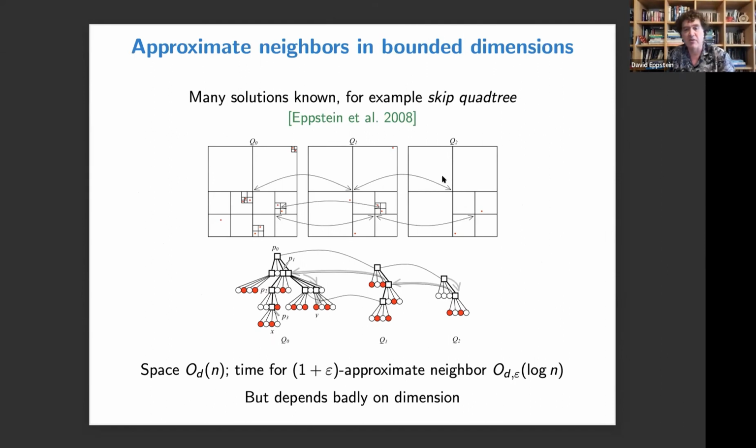In spaces of bounded dimension, we can get a nearly exact approximate nearest neighbor, a neighbor that is within 1 plus epsilon distance of the true nearest neighbor, in, again, log n query time and linear space, but there is still a dependence on the dimension hidden in this time bound that is exponential.